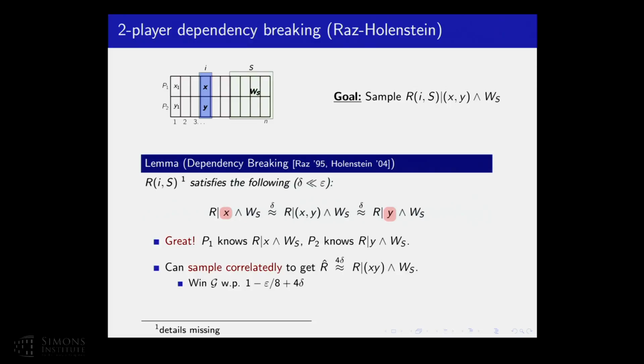So this is great because now since they know the distribution, they can sample in a correlated fashion, okay, and approximately win the game. So they incur some amount of delta error in doing this, but they still end up winning G with probability much greater than 1 minus epsilon. So this was the general proof idea. Of course, I'm hand waving a lot and I'm skipping out details here.